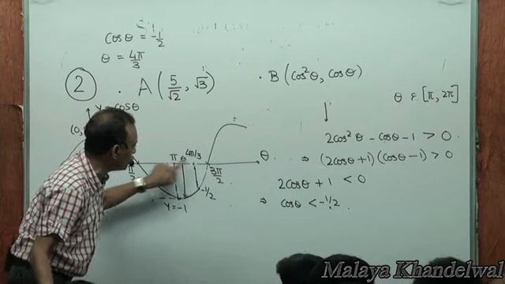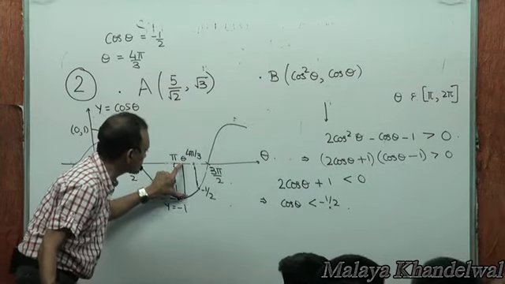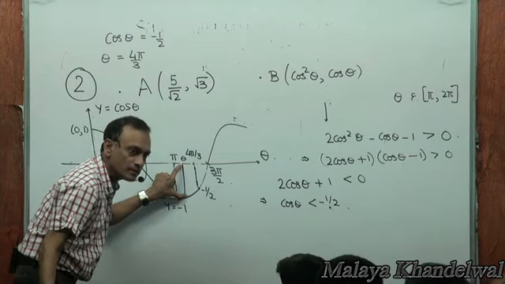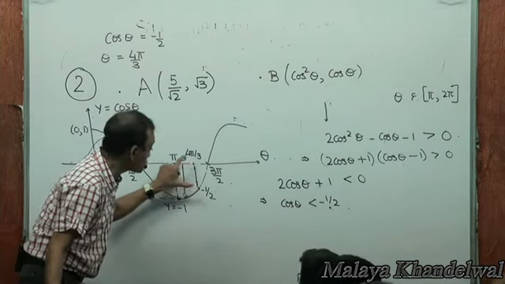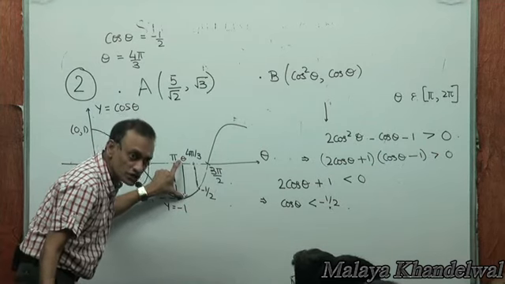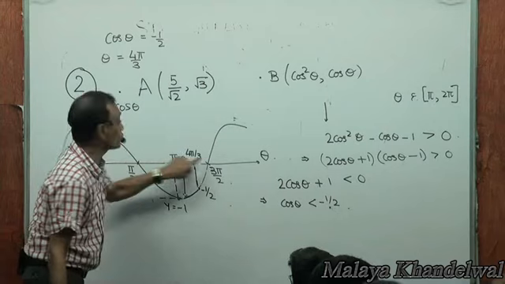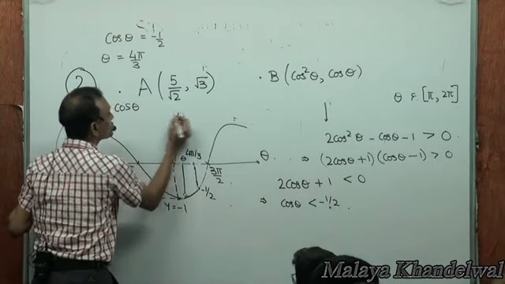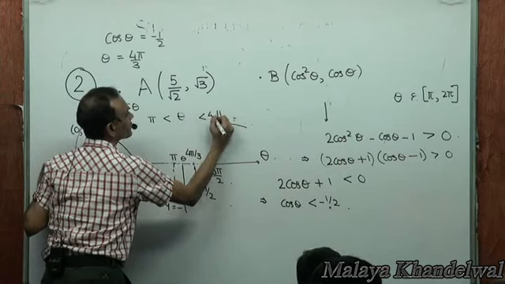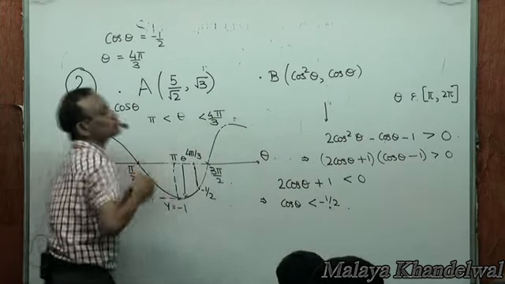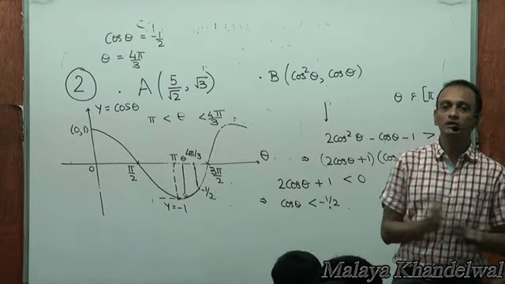Theta must belong to pi to 4 pi by 3, so that cos theta is less than minus half, isn't it? If this is theta, this will be cos theta. And very clearly this is less than this, because this is more negative than this. So this is less than this. So cos theta will be less than minus half in the third quadrant, if theta belongs to pi to 4 pi by 3. If theta belongs to pi to 4 pi by 3, cos theta will be less than minus half in the third quadrant.